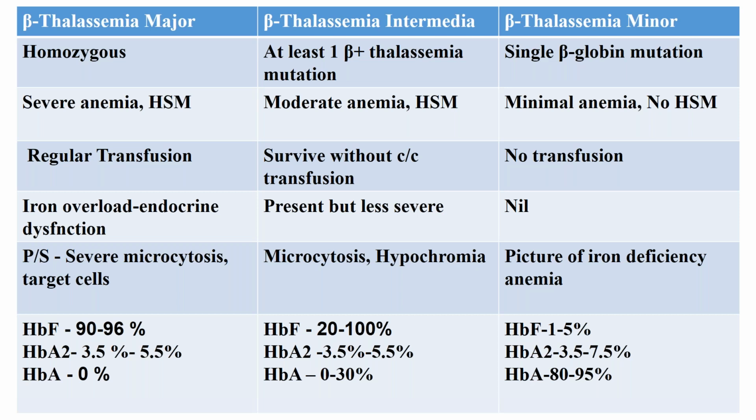So in major there is severe anemia, hepatosplenomegaly, multiple blood transfusions leading to complications of iron overload. Okay, while in minor it is just a mild anemia of 10, 10.5, and the important thing is they become a carrier for your future generation, and they can lead to thalassemia.